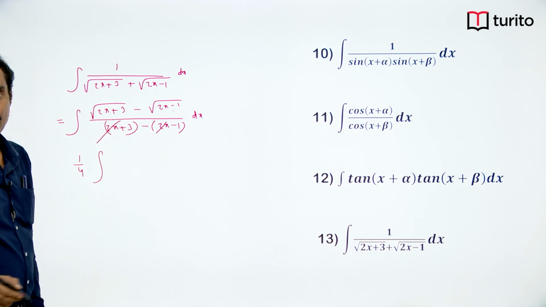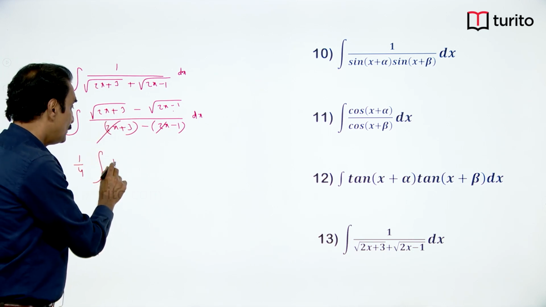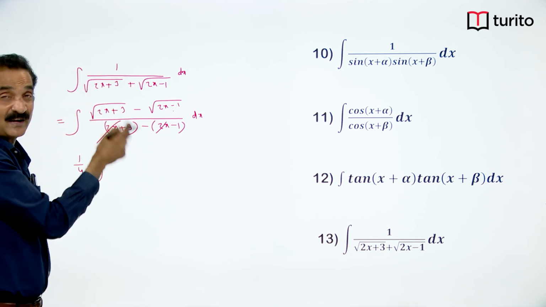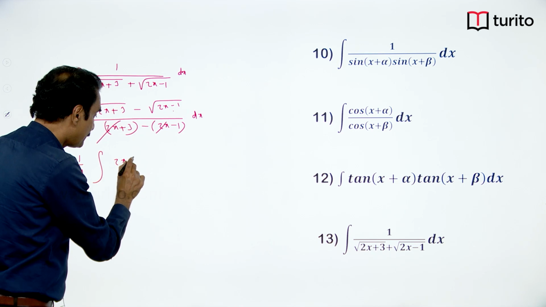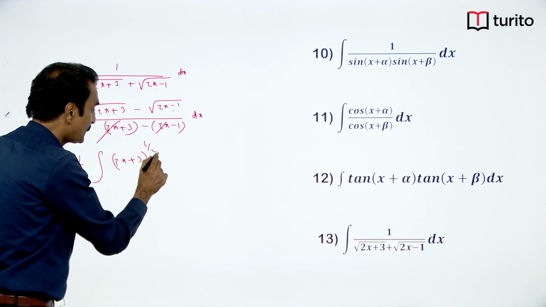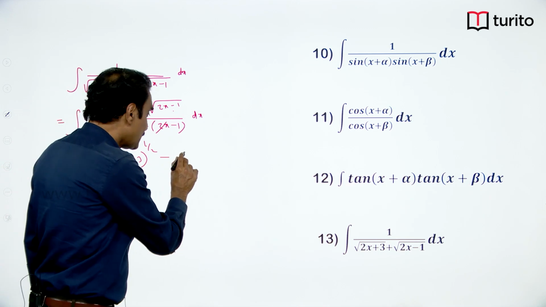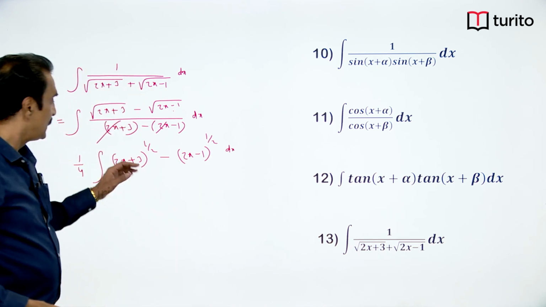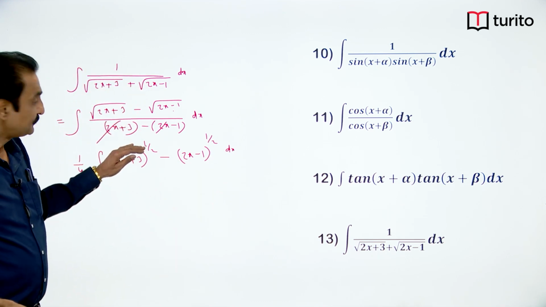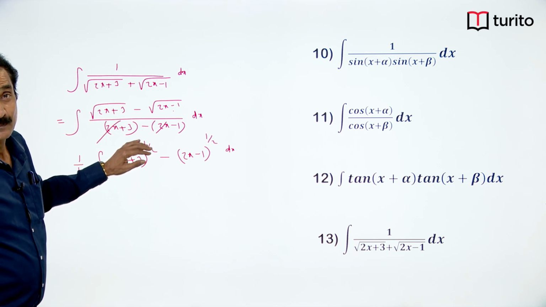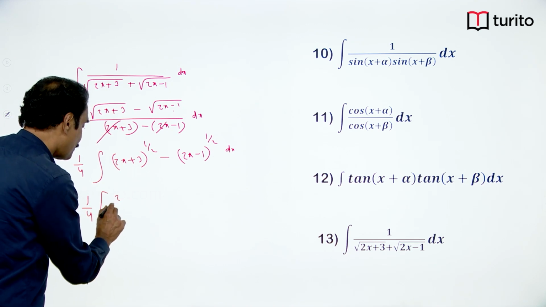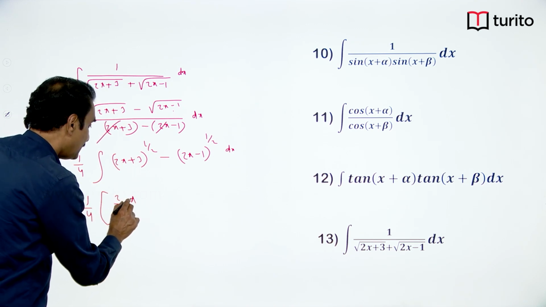1 by 4 integral, root over 2x plus 3 can be written as 2x plus 3 power 1 by 2, minus 2x minus 1 power 1 by 2. Now assuming that this is some x, the integral of x power 1 by 2 is x power 1 by 2 plus 1 divided by 1 by 2 plus 1, you will get 2 by 3 into 2x plus 3 power 3 by 2.